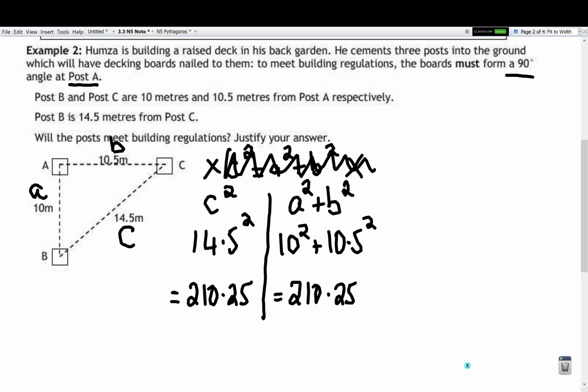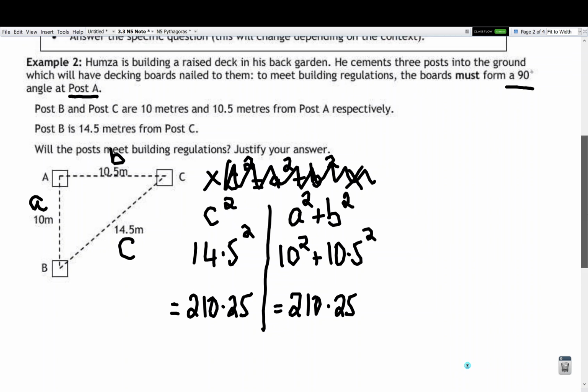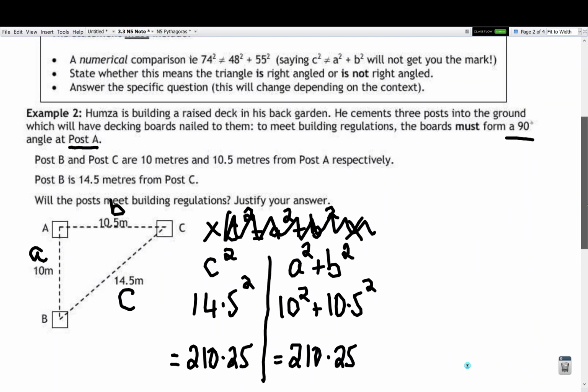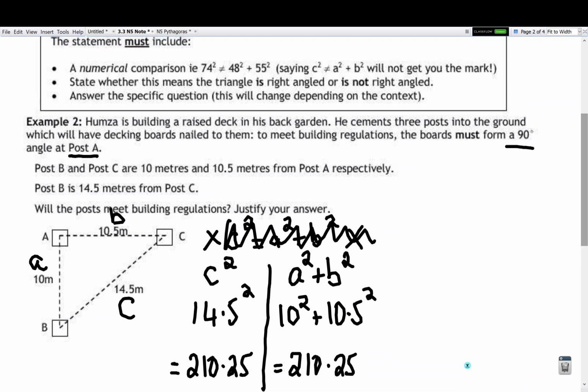So we need to now summarize this in a statement. So if I can quickly scroll up to the 3 things that we need in our statement. They're in this box at the top of your notes. So it says you need a numerical comparison. For example, 74 squared does not equal 48 squared plus 55 squared. If you say just the letters, you will not get the mark.